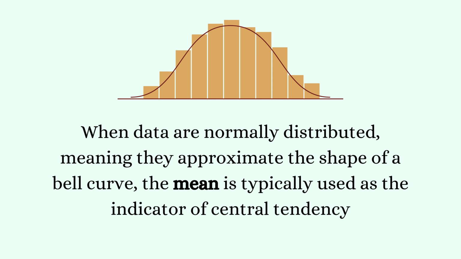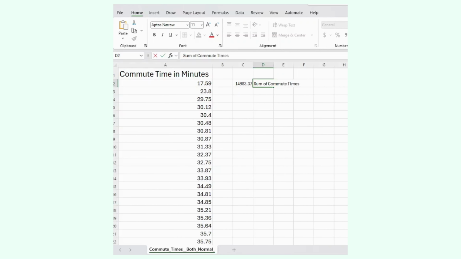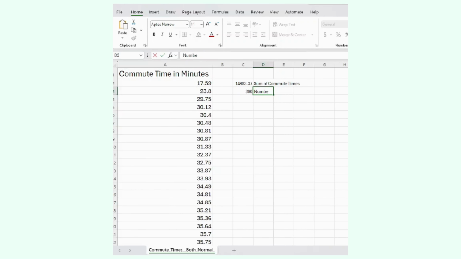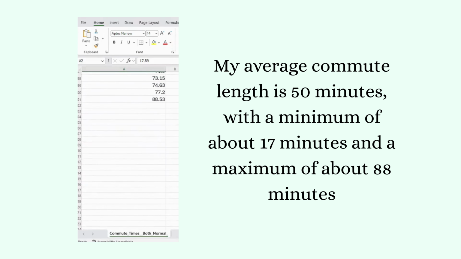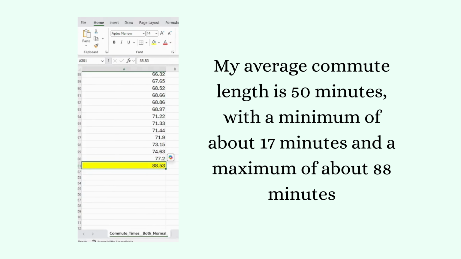To calculate the mean of this data set, or my average commute length, I sum over all 300 commute times, then divide that sum by the number of unique data points I have, which is 300. Doing this gives me a mean of 50. So my average commute length is 50 minutes, with a minimum of 17 minutes and a maximum of 88 minutes.